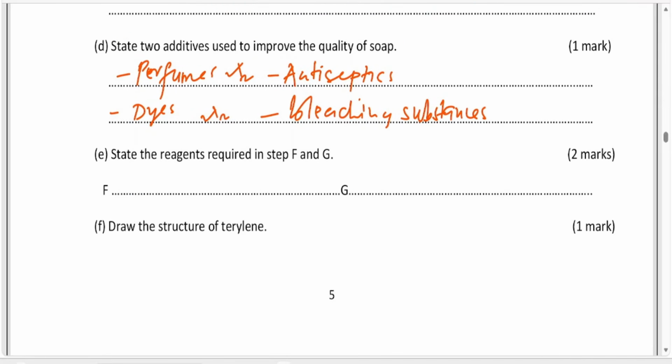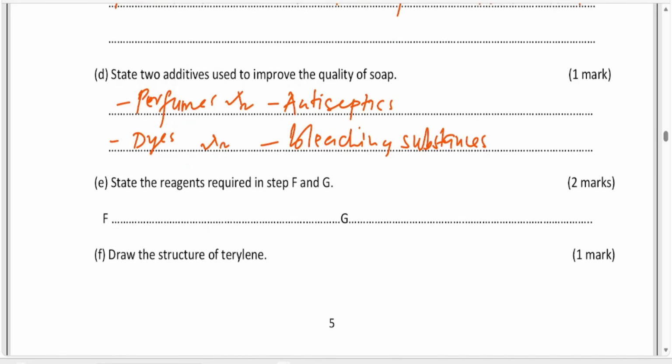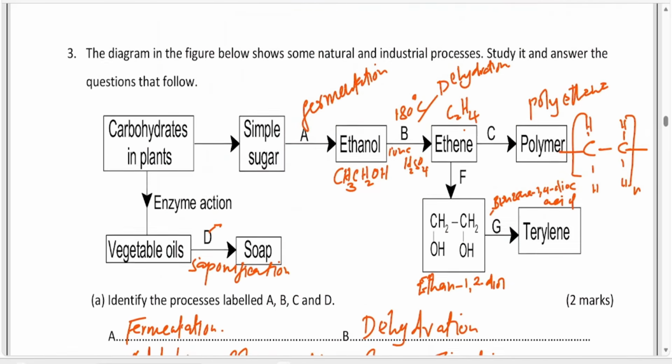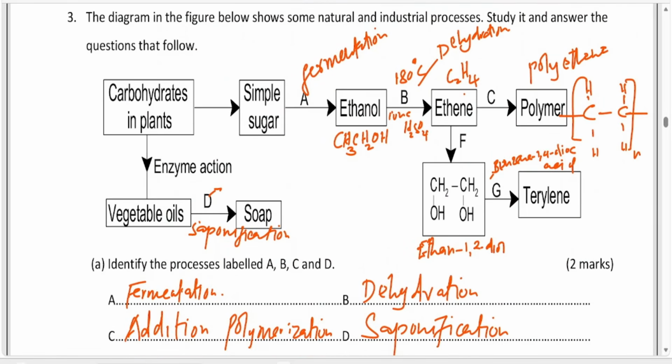State the reagents required in step F and G. Let's look at step F and G. Step F is the conversion of ethene to ethane-1,2-diol. For process F, we need acidified potassium manganate(VII) because the process is oxidation.